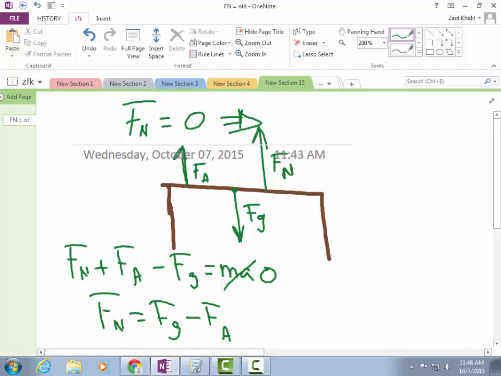It's losing contact. In other words, the ground no longer exerts a force on the desk. That means that is the threshold for loss of contact.